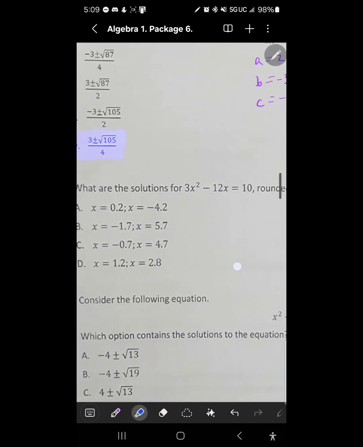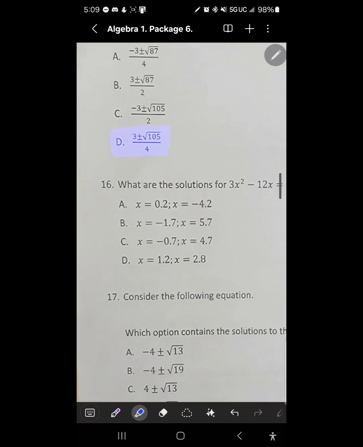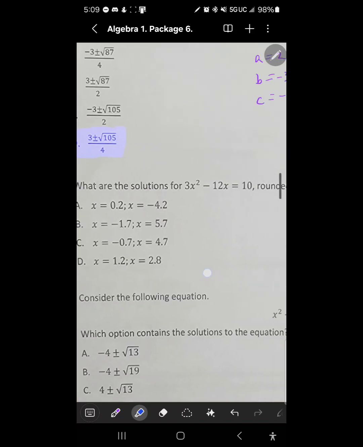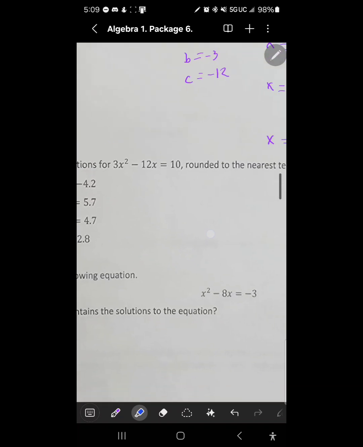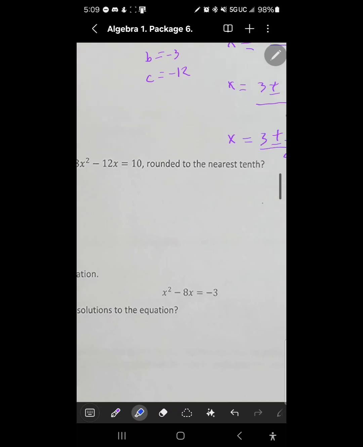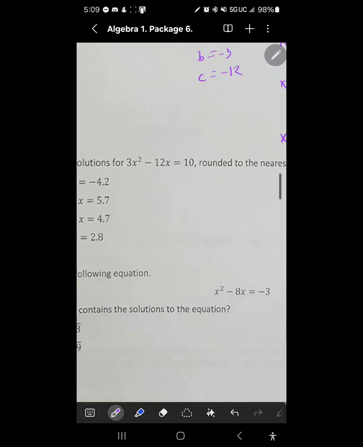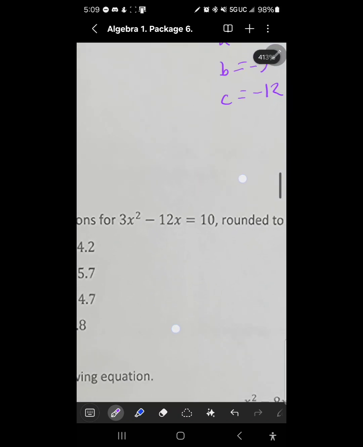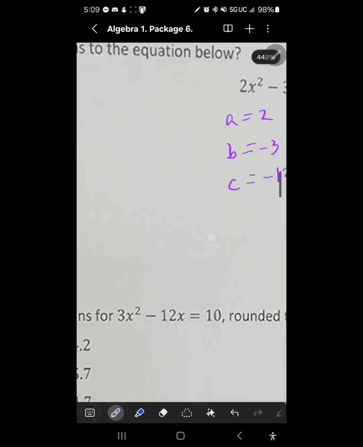Now let's look at the next example. What are the solutions to the equation, round to the nearest tenth. Again, by seeing the round option here, I'm almost sure I need to use the quadratic formula. So let's get to it.